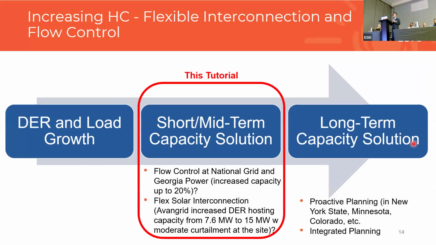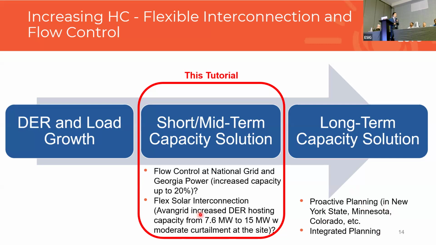I believe the field demonstration shows the technology can increase your DR or even load hosting capacity by roughly 10 to 20% at a fairly low cost. And indeed, the utility engineers shared with me, saying, Leo, we are trying to scale up this technology deployment in the utility territory.